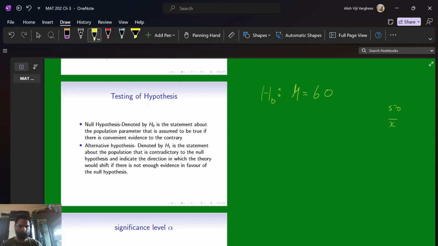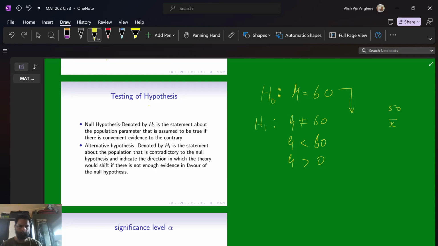Then what happens if we reject the statement that mu is equal to 60? Then that is our alternative hypothesis. This can be either mu not equal to 60, or mu less than 60, or mu greater than 60. So if we reject the null hypothesis, then which among these three statements are we going to accept?